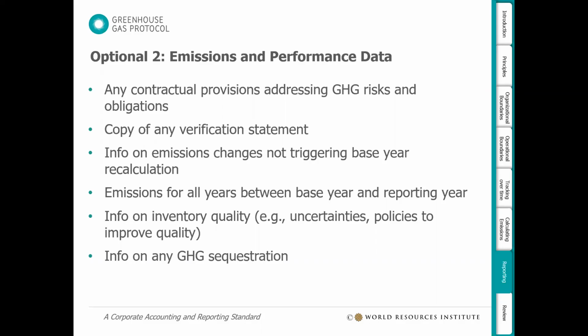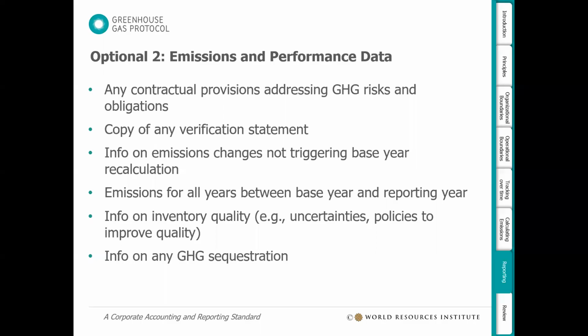And in terms of carbon sequestration, the GHG Protocol doesn't provide methods for accounting for sequestration, and that's because at the time the corporate standard was developed, it was considered that there just wasn't enough consensus around what the reporting requirements should look like for carbon sequestration.